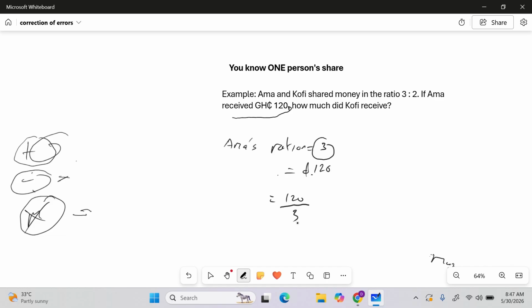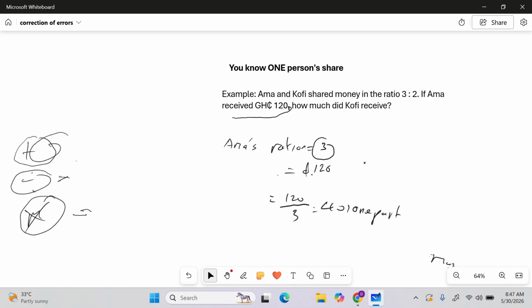When you have 120 cedis and 3 people are going to share it, everybody gets what? 40 cedis, 40 cedis, 40 cedis. So it's 40, and this is one part. Now, it means that when I was sharing the money, I gave 40 cedis three times to Amma.